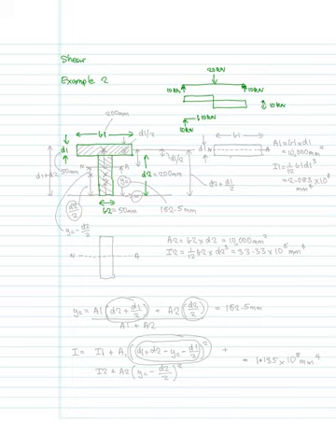So our D2 is going to be 200 millimeters, our B2 is going to be 50 millimeters, our B1 similarly is going to be 200 millimeters, and our D1 is also going to be 50 millimeters.